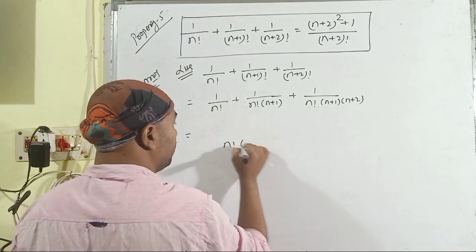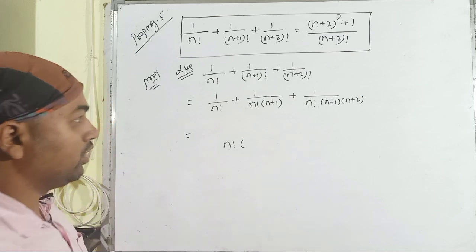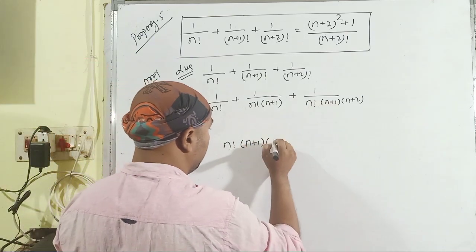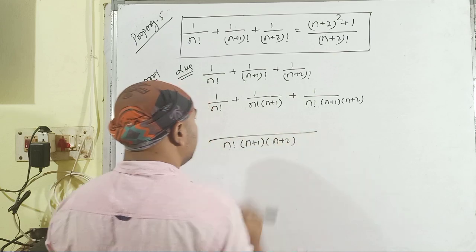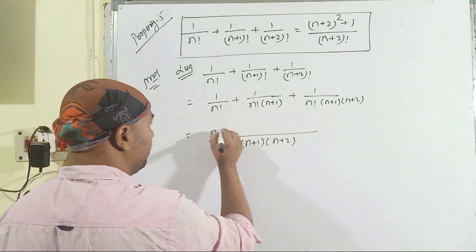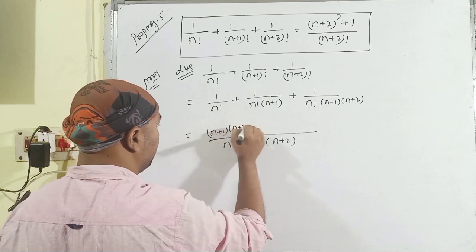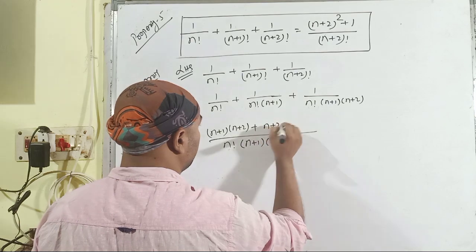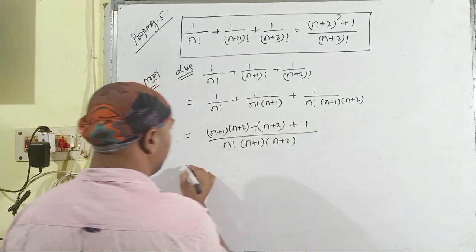As all of you know, the greatest factorial is the LCM, so just solving, it will be multiplied with n plus 1 and n plus 2, then it is n plus 2, and then here it is 1.